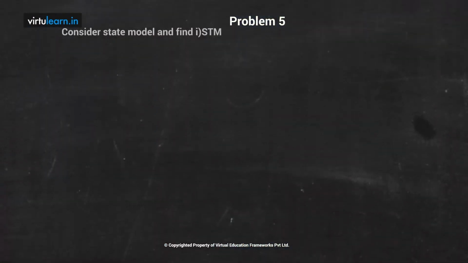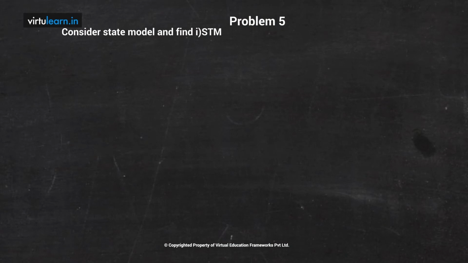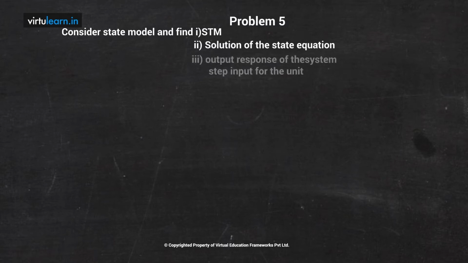Let us look at another problem in state space variables. The problem statement goes like this. Consider the state model given below and find A, the state transition matrix, B, the solution of the state equation for unit step input, and C, the output response for unit step input.